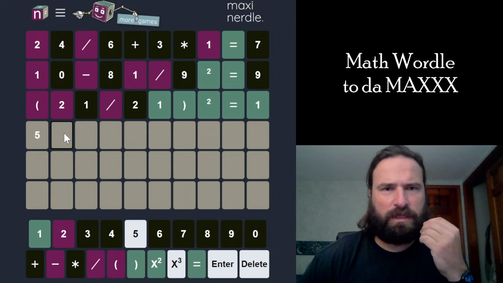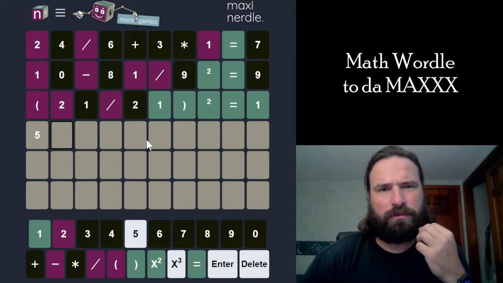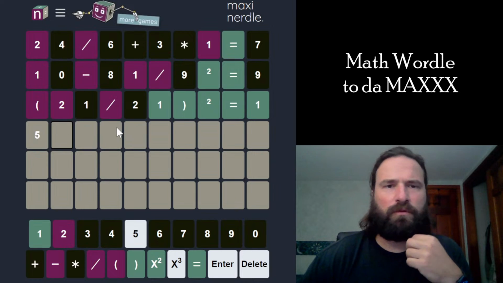And then this has to be either division or subtraction, I would think. And then I think we're probably like subtracting 4 is what my initial thought was.